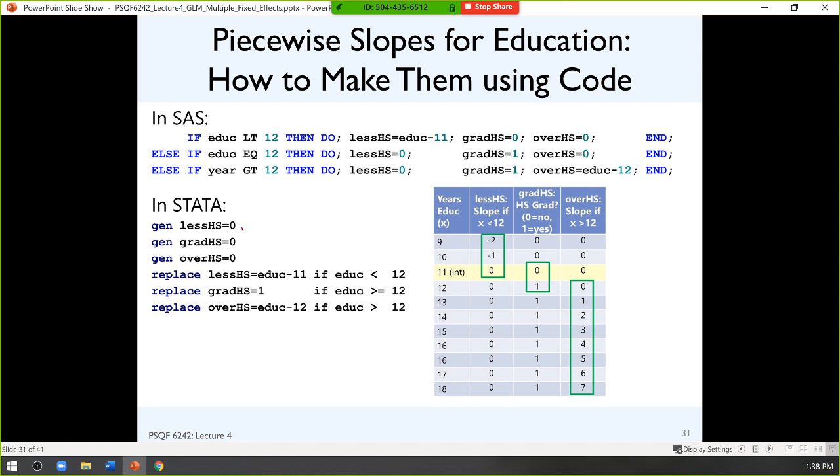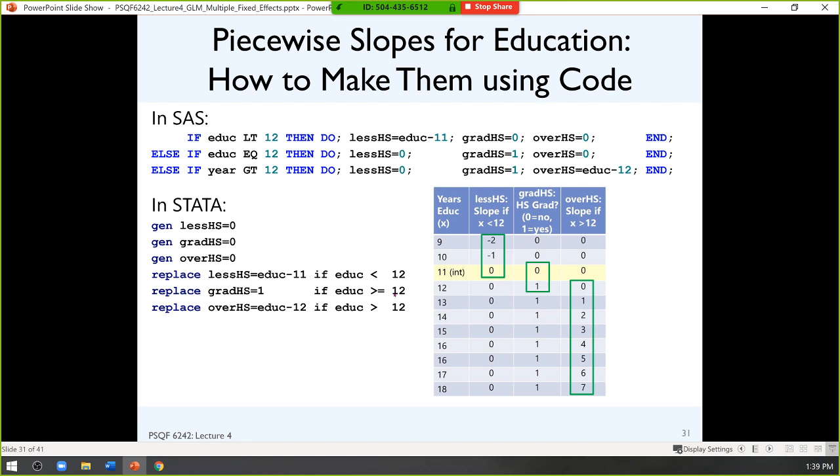So in Stata, I'm setting each of the variables equal to 0 to start with, and then systematically changing their values. If somebody is less than 12, then I'm going to change the first one here. So education minus 11 is what's going to go into my new variable, less high school.